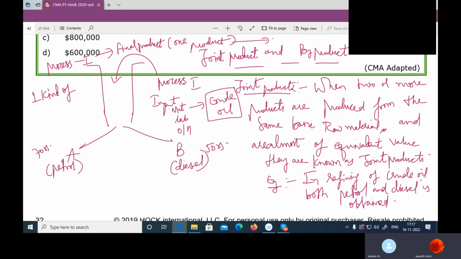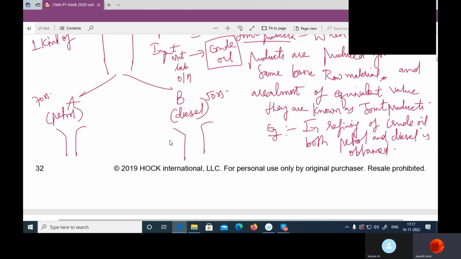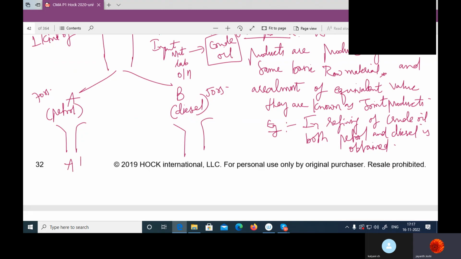Now if you want, you can further process it. If you further process it, you can get any other product like A plus, and for this also you want material. This particular petrol will be the material here, correct?